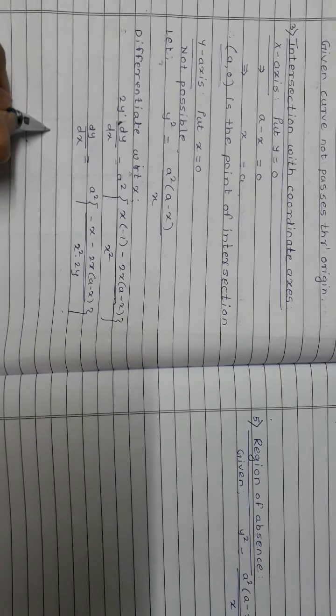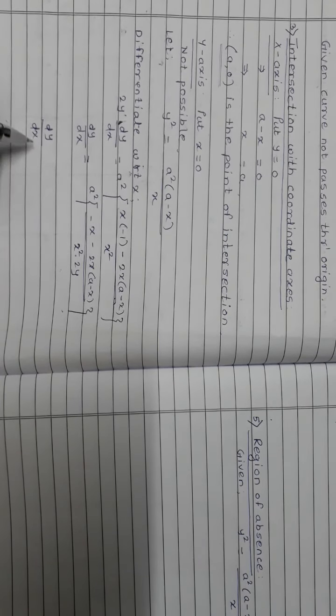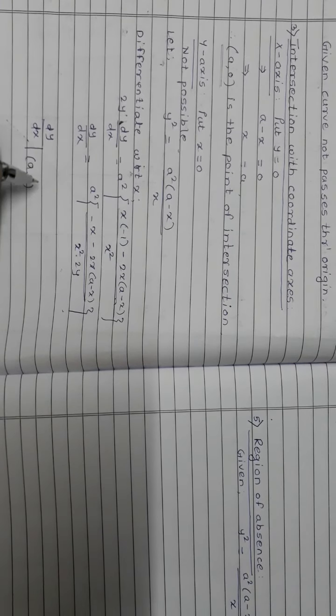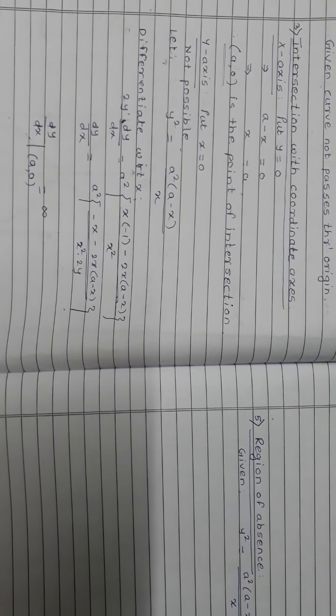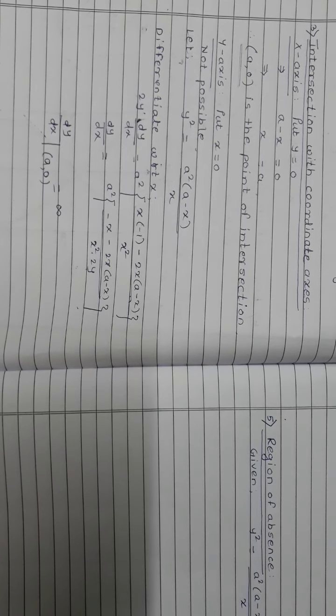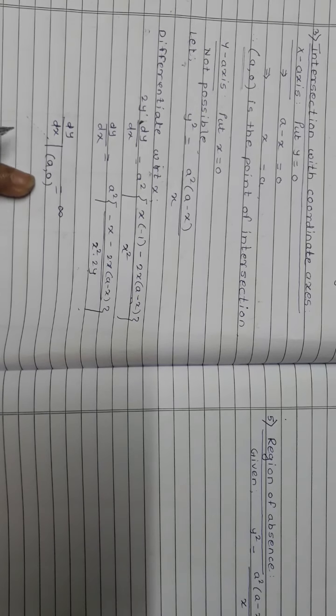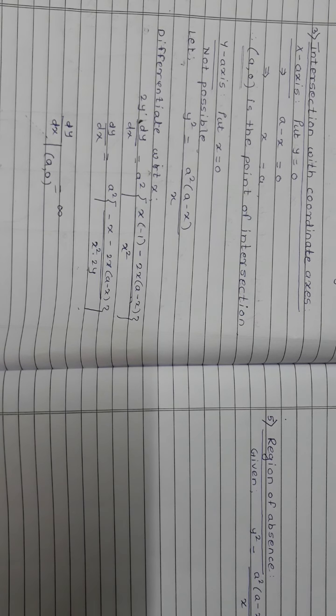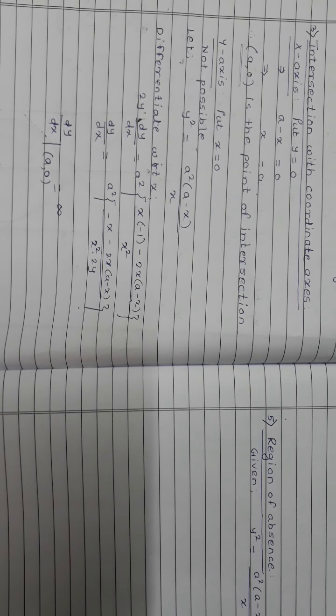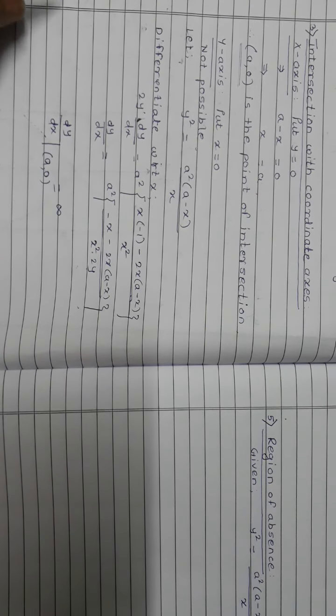Now note that we are going to evaluate dy by dx at the point (a, 0). Since y is 0, straight away this tends towards infinity. Since the derivative is tending towards infinity, the tangent at (a, 0) is parallel to the y-axis, by the criteria which we have seen earlier.